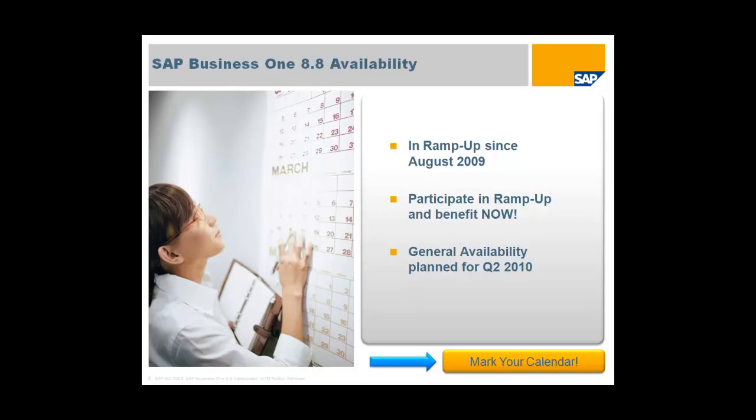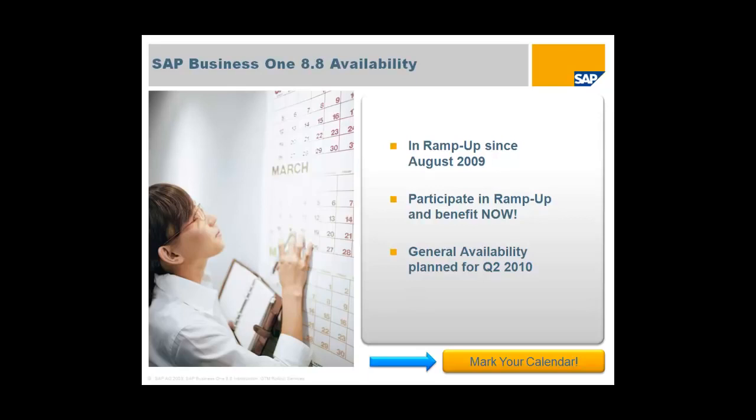You can start the pre-work involved in doing the upgrade now. So reach out to your SAP Business One partner and get familiar with the solution. Do some searches on YouTube, for example, if you'd like to see specific demonstrations of that functionality. Just search for SAP Business One 8.8 and you'll find a number of demonstrations of all of these new functional areas.